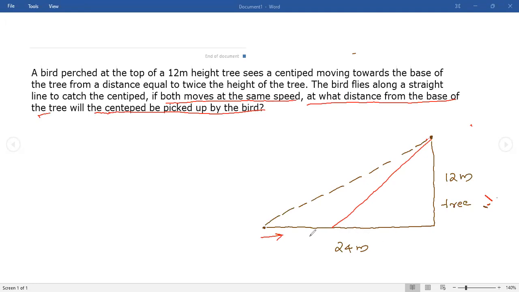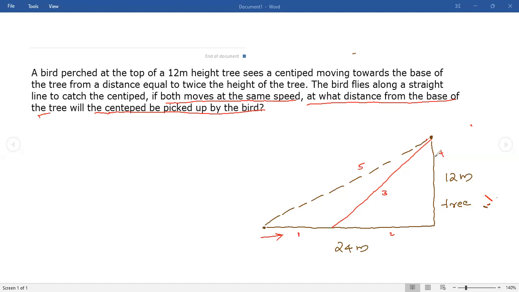Just tell me. I'm marking 1, 2, 3, 4, or 5. Which is the answer for this question?